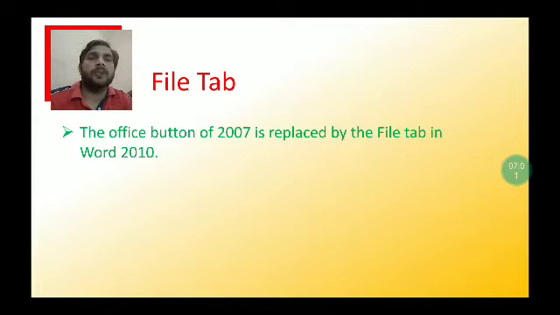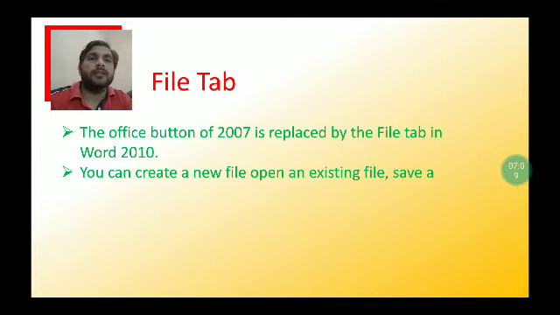This Office button is replaced by File tab in 2010. You can create a new file, open an existing file, save a file and perform other tasks. With the help of this File tab, a new file can be created. We can open an existing file and we can save a file, and different other tasks can also be performed with the help of this File tab.